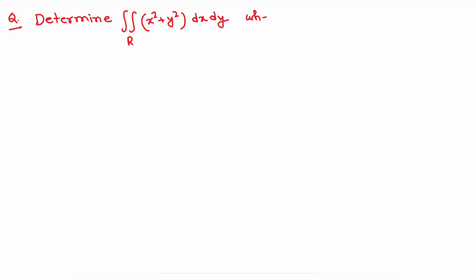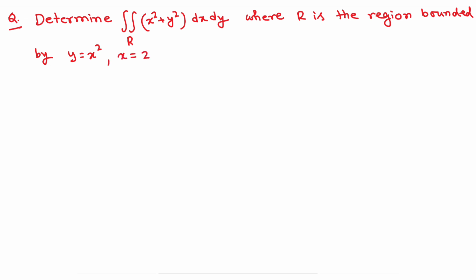Question: determine double integration over R of x square plus y square dx dy, where R is the region bounded by y equals x square, x equals 2 and y equals 1.